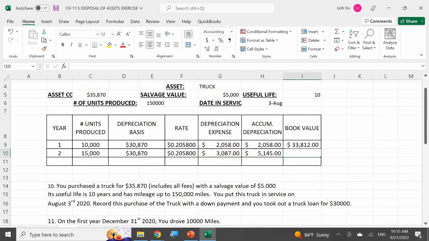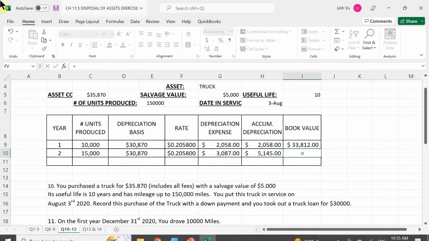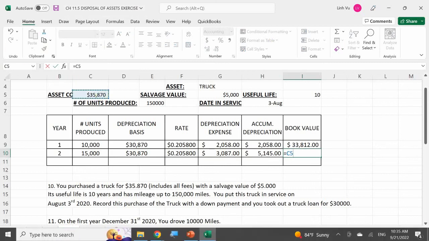So therefore, what is my book value going to be? $30,725. $30,725 even.